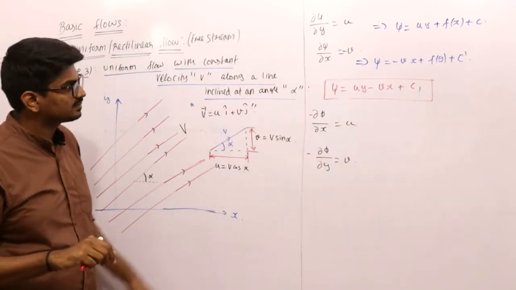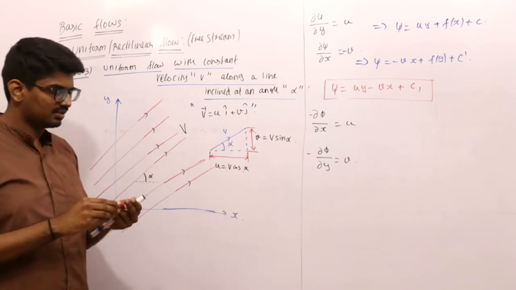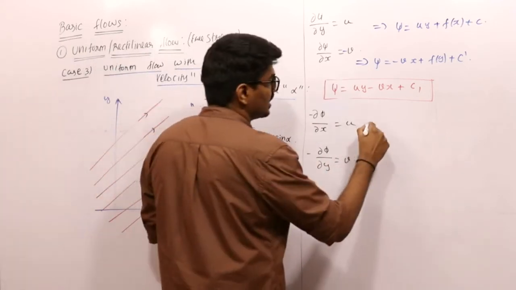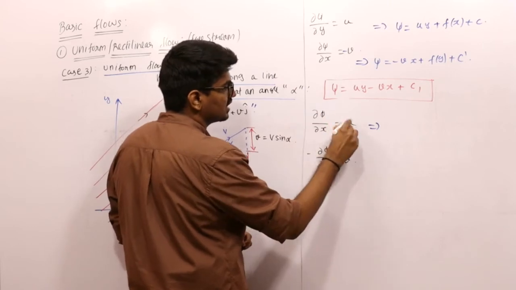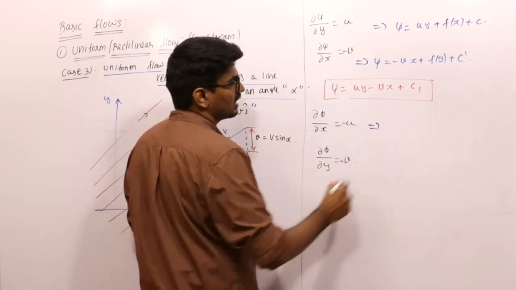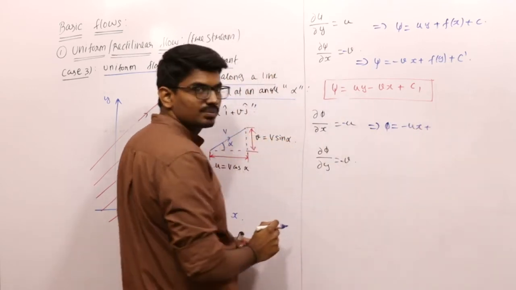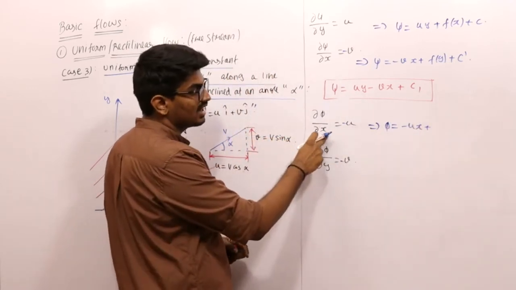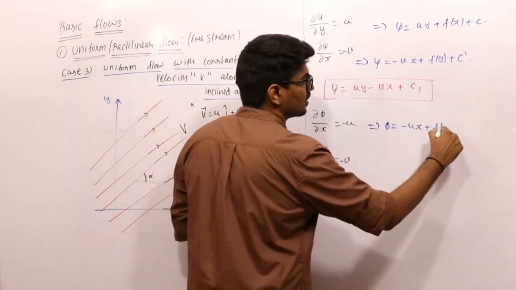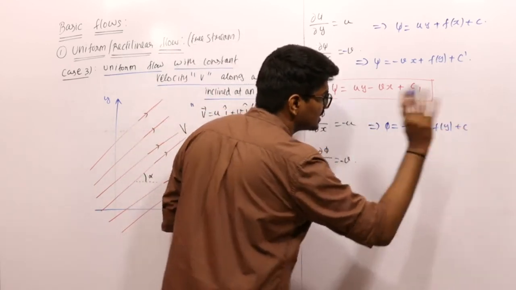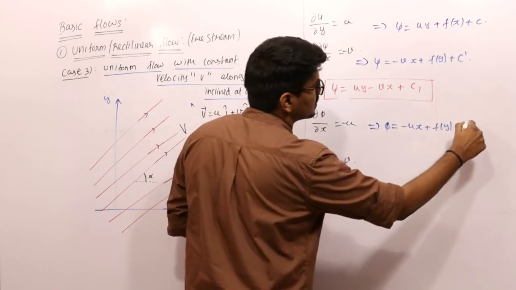Now in this case, a similar type of integration. Let me keep this minus here and this minus here. If I integrate it, phi will be equal to minus ux plus what will I get? I'm partially differentiating with x, so here a function of y plus some constant, c double dash.